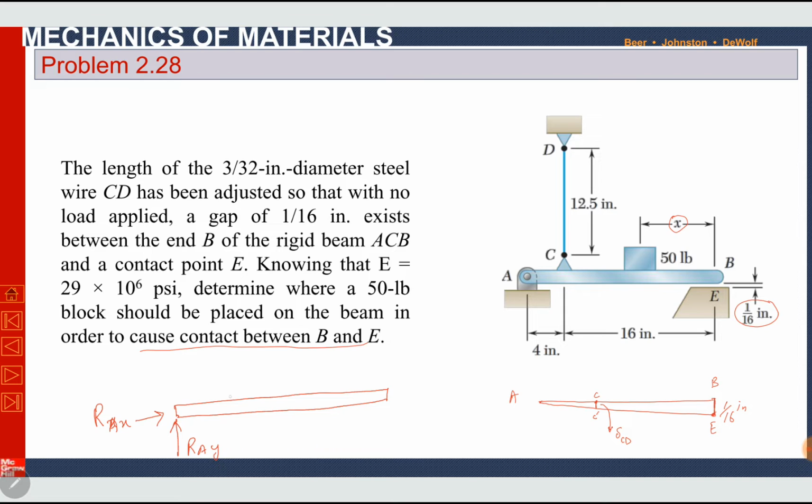Then at point C we have FCD, and a 50 pound force is being applied at a distance of x from here. We need to find x. For that, we need to find FCD first.